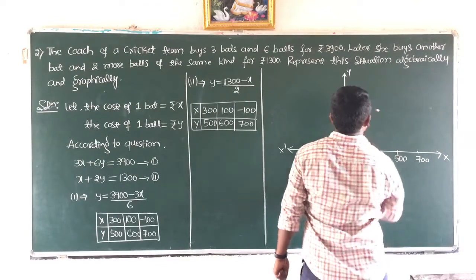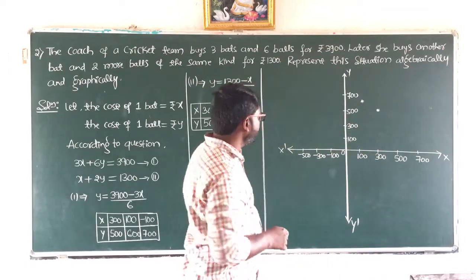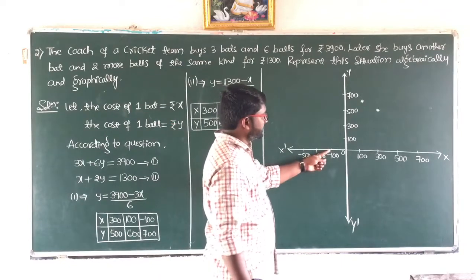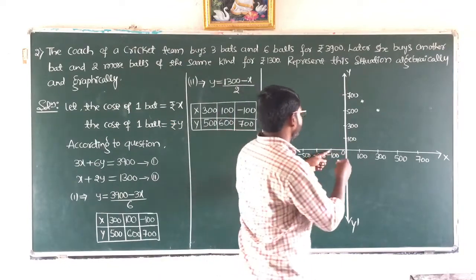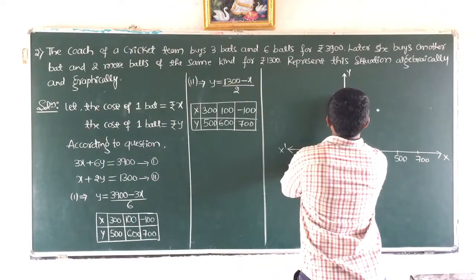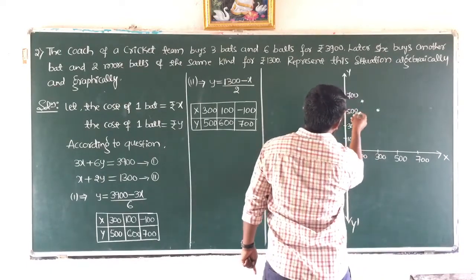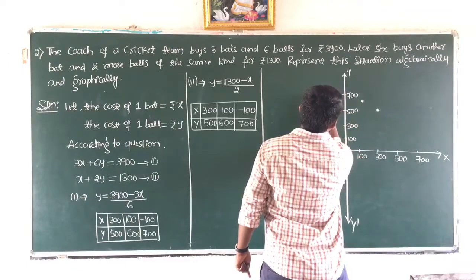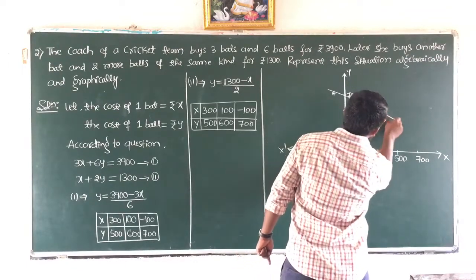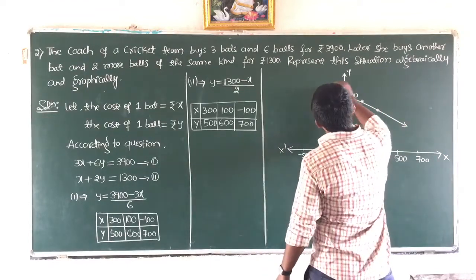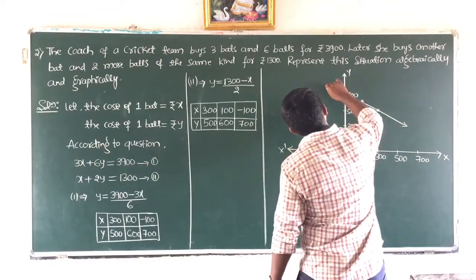You get the points exactly in the graph sheet. Now you go for minus 100. X value minus 100, y value 700. So somewhere here exactly. Now join these points, we get a straight line. So now this is the first equation.